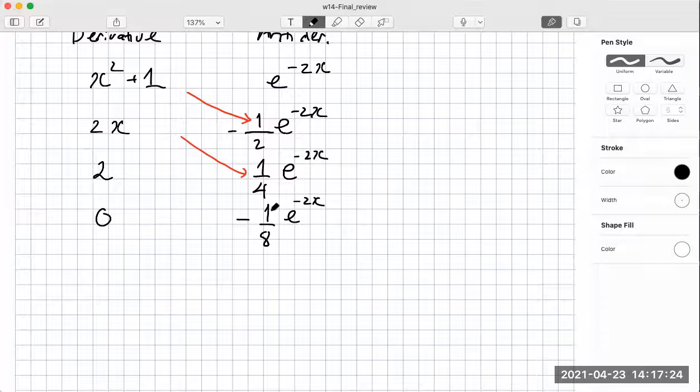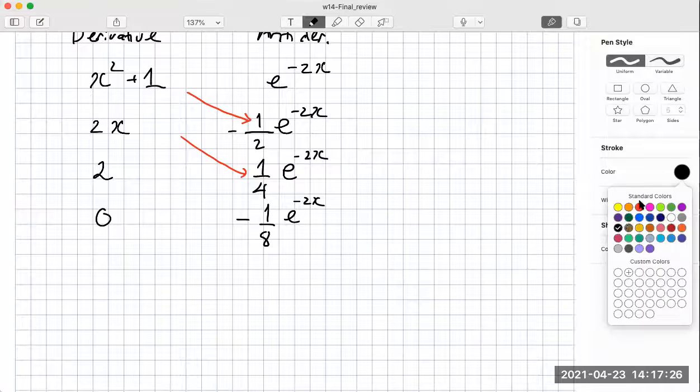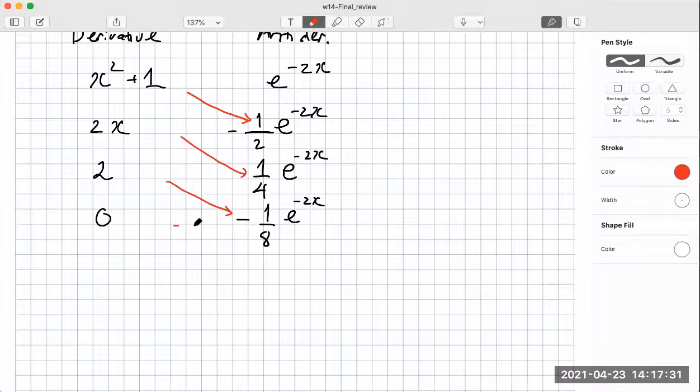Multiply with -1/2, right? Therefore, if we do it this way, and remember, the sign will change alternatively. It always starts with positive here, then negative, then positive, and negative.